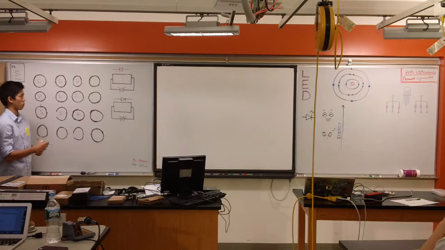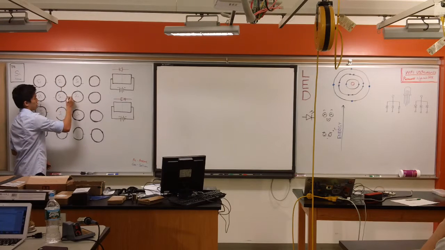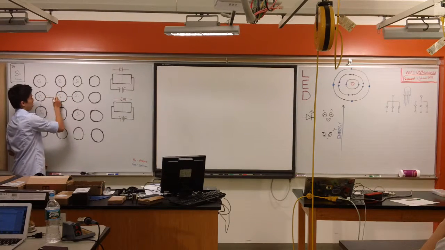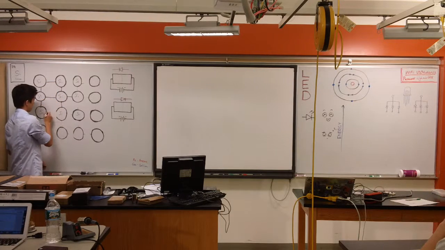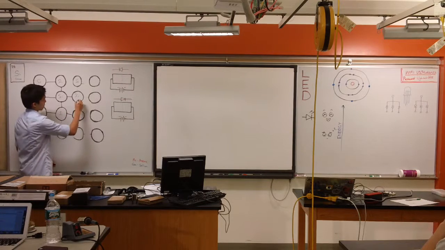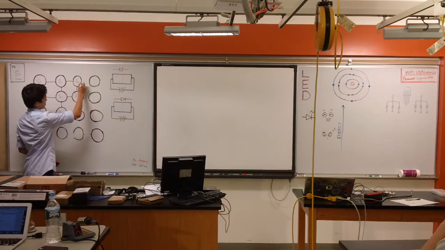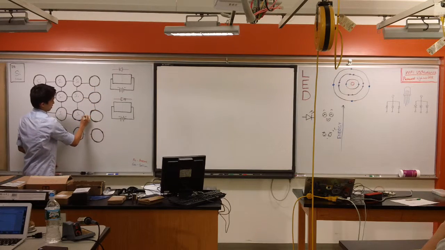So when they form bonds with their neighboring silicon, they kind of form bonds in this manner. So obviously I'm drawing it in a 2D plane. They actually form, pretty sure they form tetrahedrals. So that means this is actually 3D, and it's not just flat.